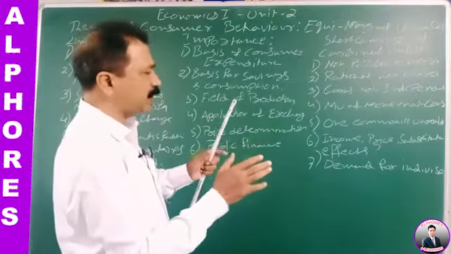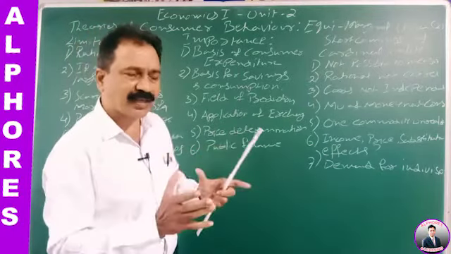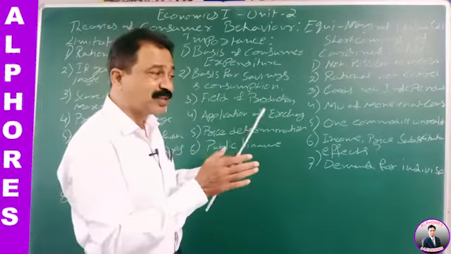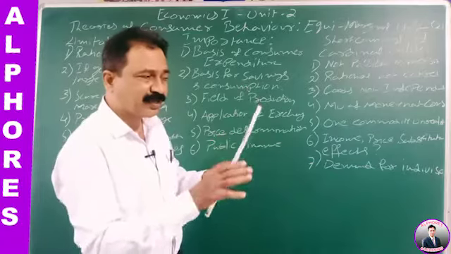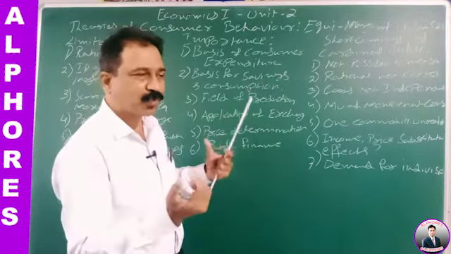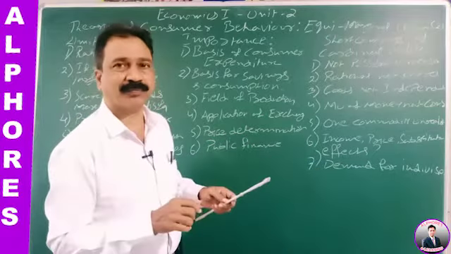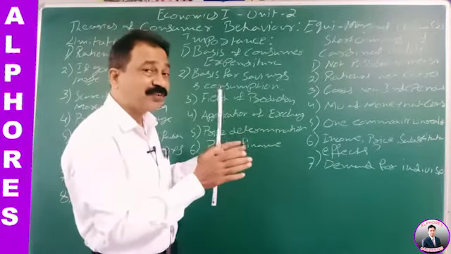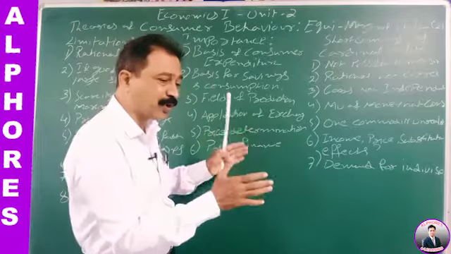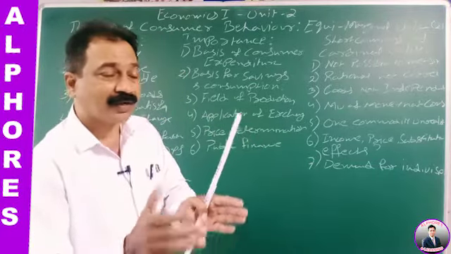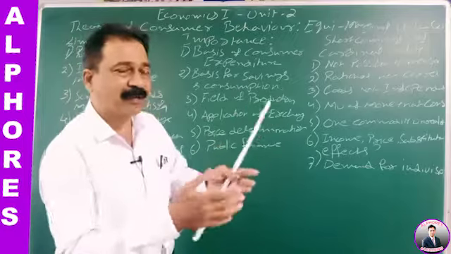A consumer thinks whether to purchase this or that. When he is thinking of purchasing this or that, he will see which commodity gives him more satisfaction. He is ready to spend more on that commodity. He is shifting his importance from one commodity to another. It means demand for different commodities is happening.